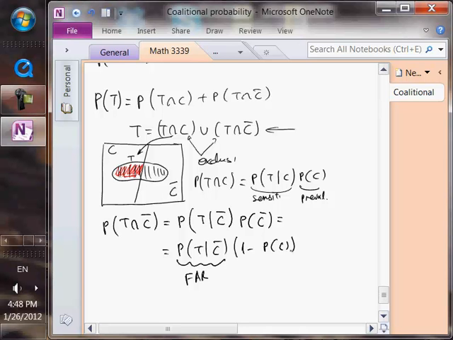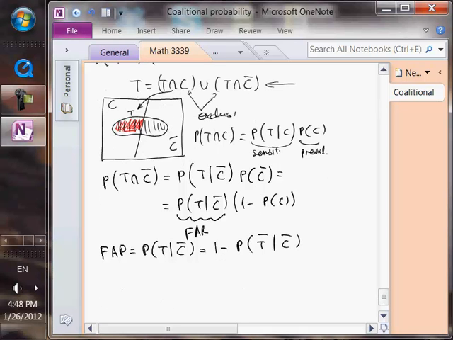And what is the false alarm rate? Well, we mentioned it before. The false alarm rate, P of T given C bar, is equal to 1 minus P of T bar given C bar. What is this one? This is the specificity of the test.